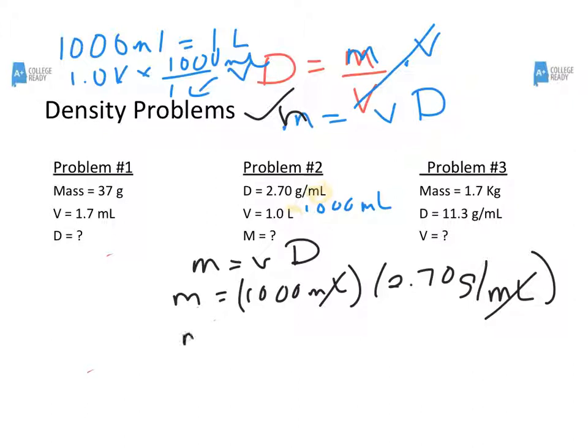When I multiply this out, I get 2,700 grams. I have two sig figs in my answer. My least certain measurement is 2 sig figs. I should report out to 2 sig figs.